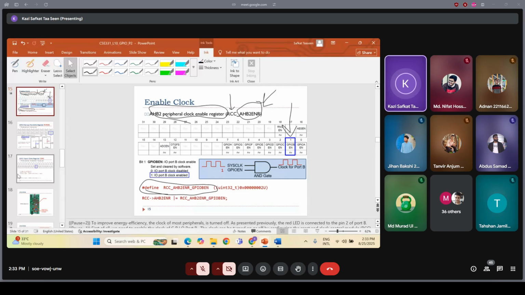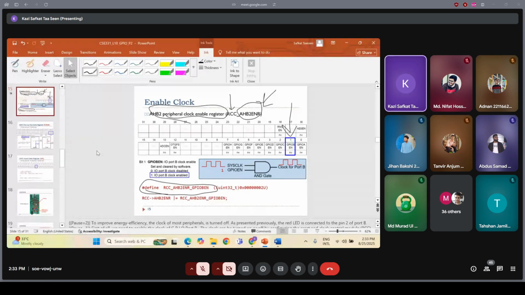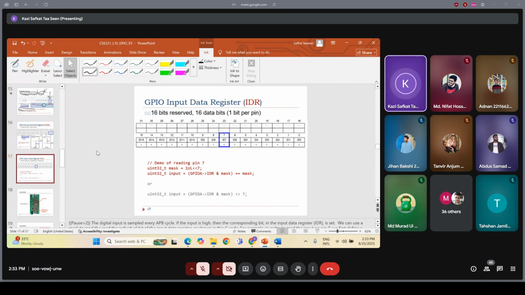And these 3 slides show you the internals of the registers relevant to the input. Whenever you're using the pin as an input pin, what are the relevant registers? The clock enable register, the PUPDR, and the IDR.